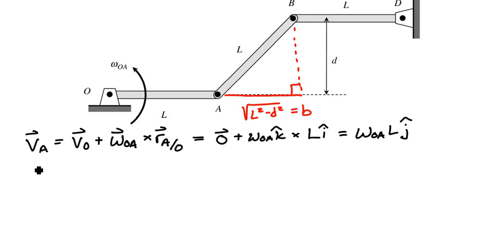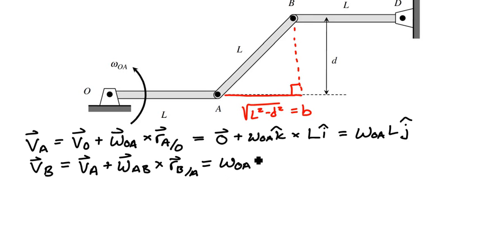Now I can work to point B. VB is equal to VA plus omega AB cross r of B with respect to A. Substituting, the velocity of A is omega OA L in the j, plus omega AB, an unknown scalar but known direction in the k, crossed with r of B with respect to A, which is little b in the i plus D in the j.